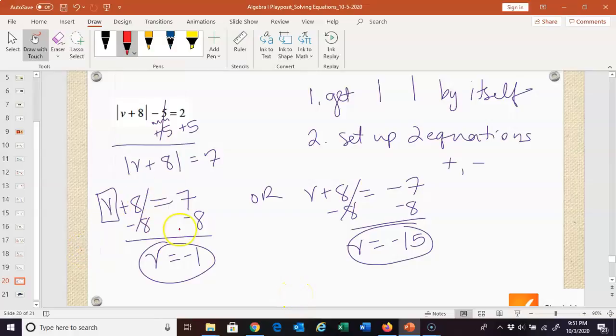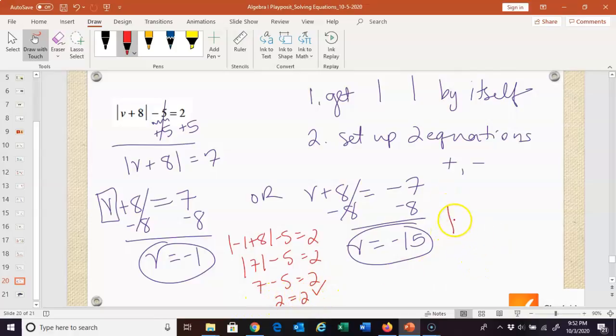The original. Don't plug it back in up here. You want to go back to the original. So instead of v, we're going to write -1 plus 8. And let's see. -1 plus 8 is 7. The absolute value of 7 is 7. And 2 does equal 2.